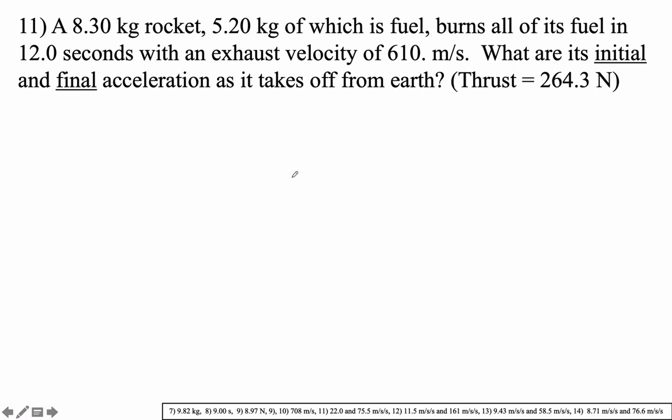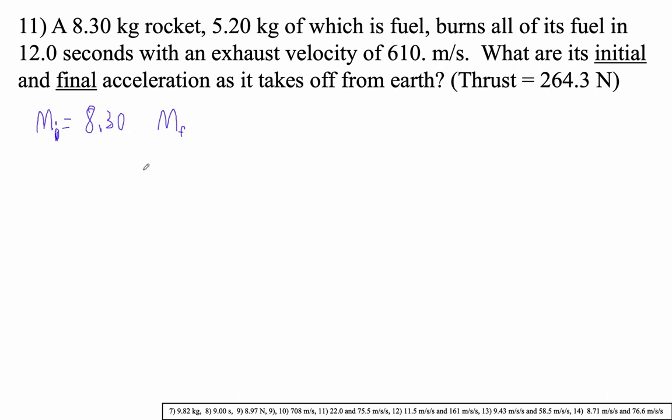Okay, so an 8.3 kilogram rocket, 5.2 kilograms of which is fuel. The first thing I want to do is figure out the initial mass. The initial mass is 8.3, right? The final mass is 8.3 minus 5.2, because most of that mass, of course, is fuel.